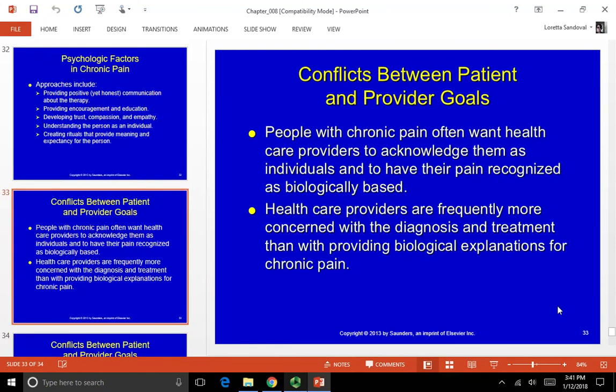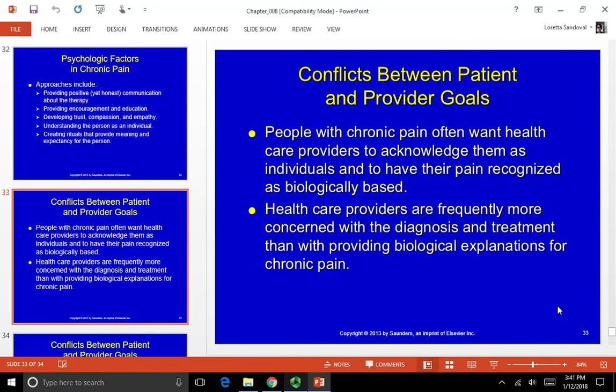Sometimes people with chronic pain want healthcare providers to acknowledge them as individuals and to have their pain recognized as biologically based. I've had so many people say, the doctor thinks the pain's all in my head. And I think that's a perception, but they don't want that. They want to know that there's something that shows up on their MRI, that's the pain.